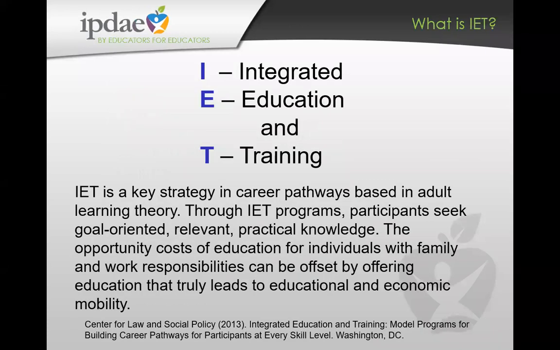So IET stands for Integrated Education and Training. It's a career pathways strategy that is really going to bridge adult education and career technical programs throughout the state and actually throughout the nation.